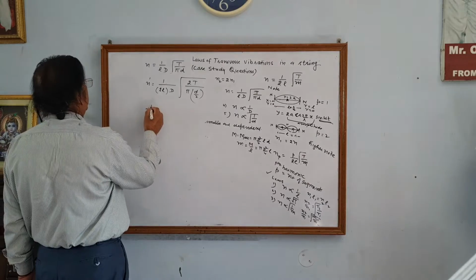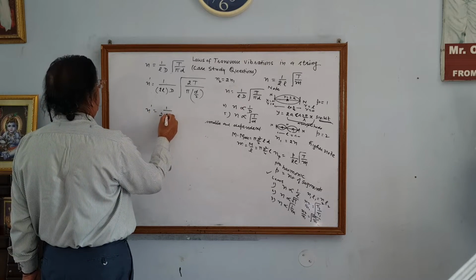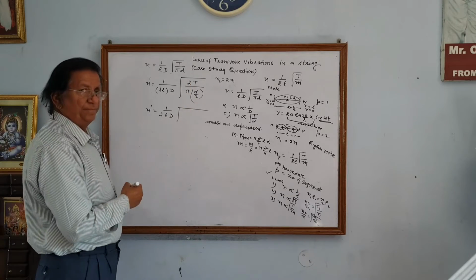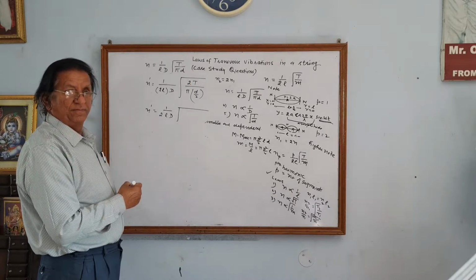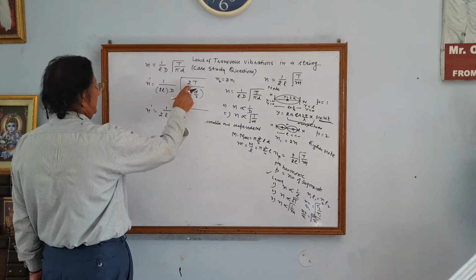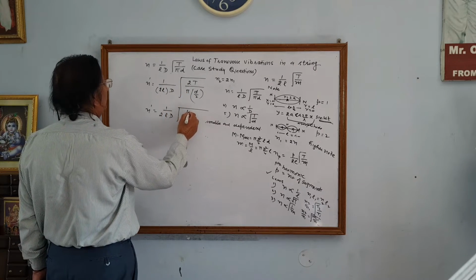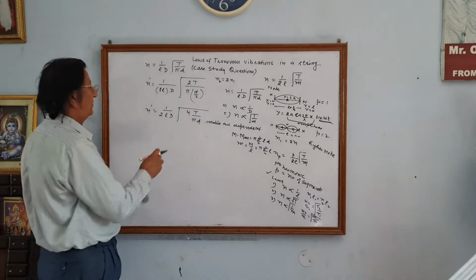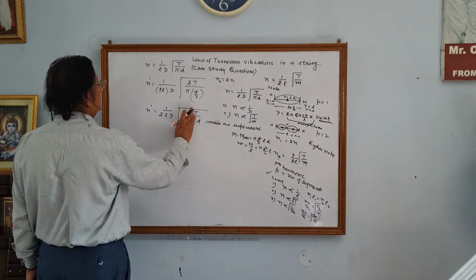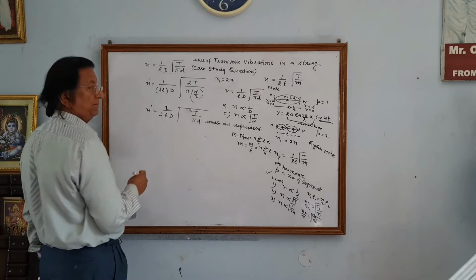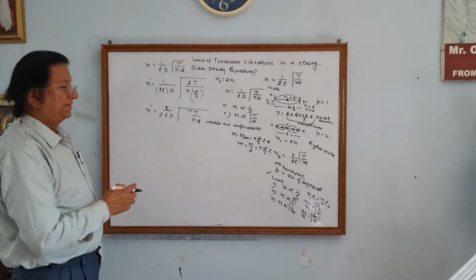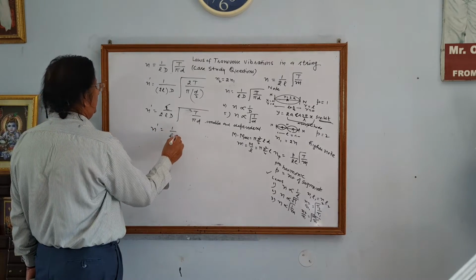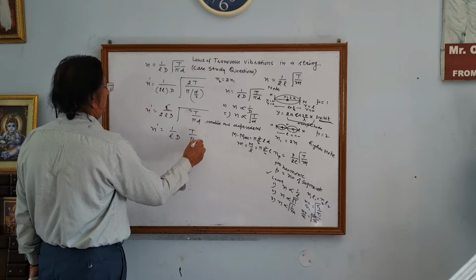So n dash here 1 over 2LD. This 2 will go up. So here you will have 4, take square root, either 4T by πd, 4 can be taken out by making square root, then 2 will get cancelled, and n dash will be 1 over LD √(T/πd).